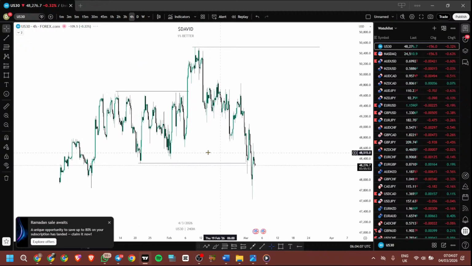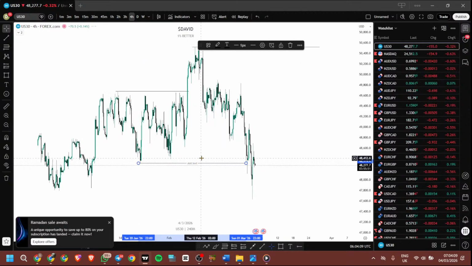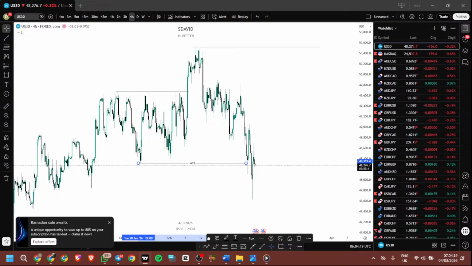Still on the 4-hour time frame, this was where price made the major shift. So this is a major shift on the higher time frame, right? So now let's deal with everything on this side, since we know price has made a major shift.